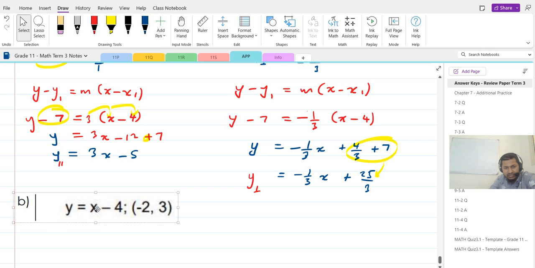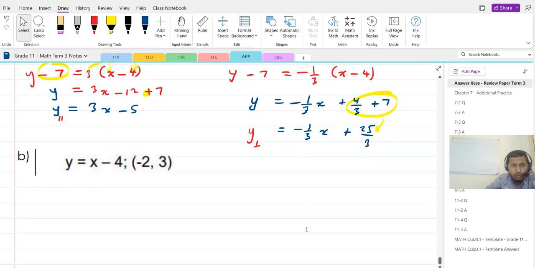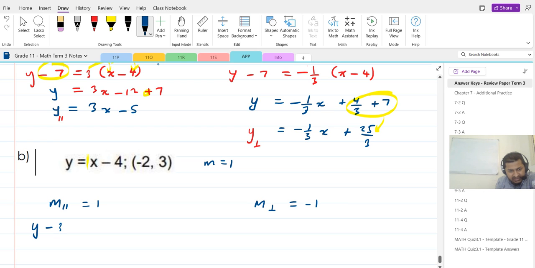If we try to take out the slope from here, we're getting slope 1 because the coefficient of x is 1. So m is equal to 1. So the slope of the parallel line is 1, and the slope of the perpendicular line is negative 1. So y minus 3 equals 1 into x minus minus 2, so plus 2.